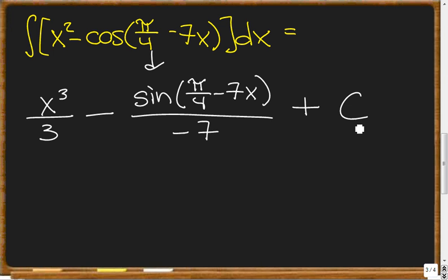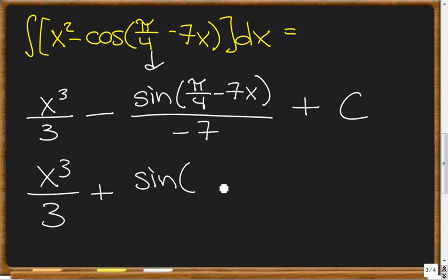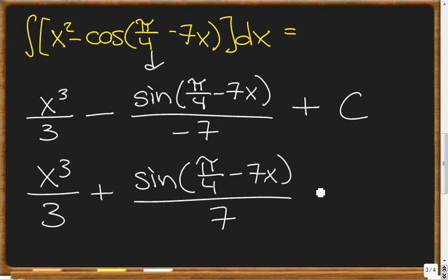And then we add c onto the end. So when we simplify, we'll have x cubed over 3. These two negatives are going to cancel. And so we're going to end up with a positive sine of pi over 4 minus 7x, all the way divided by 7, and then finally the plus c on the end.